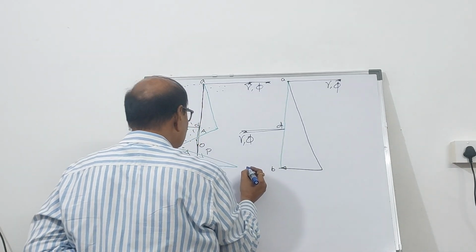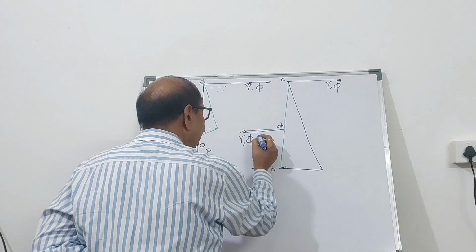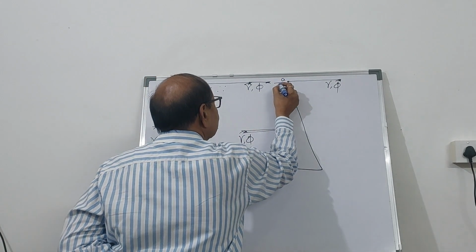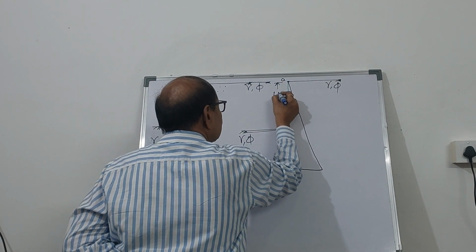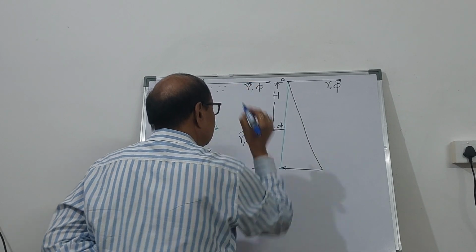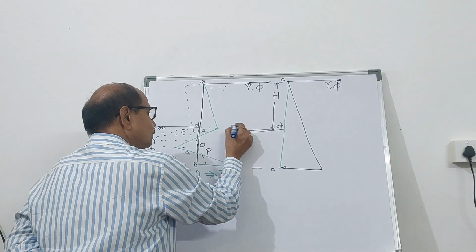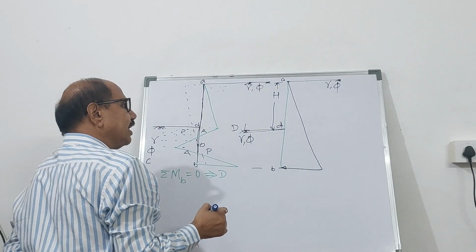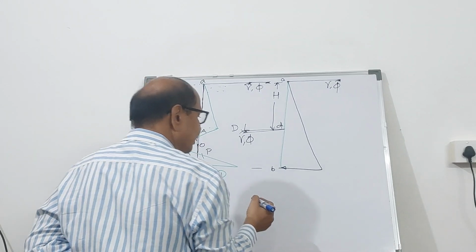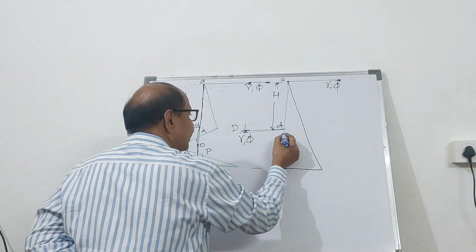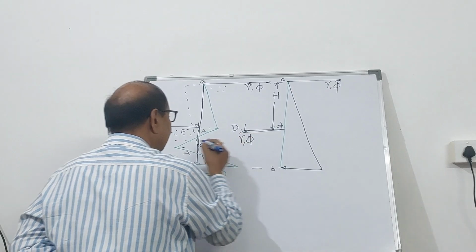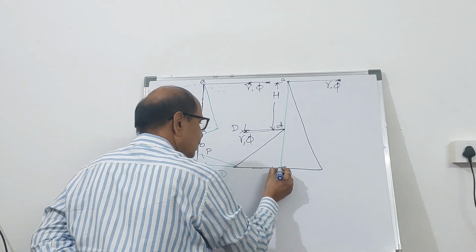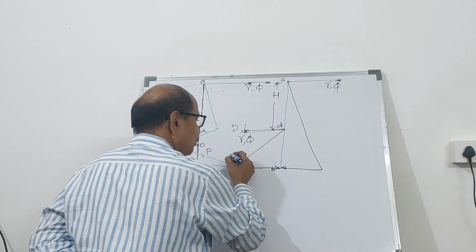And you know that this is the depth of embedment, D, and this is the height of the cantilever sheet pile, capital H. So up to the dredge line, the height can be taken as H. And here, the pressure on the other hand side is taken as passive.